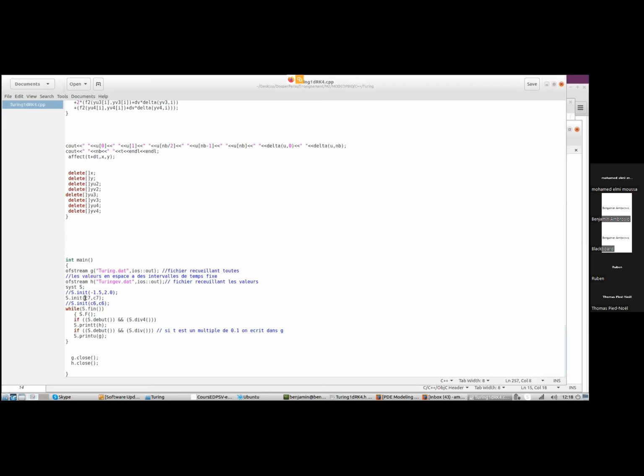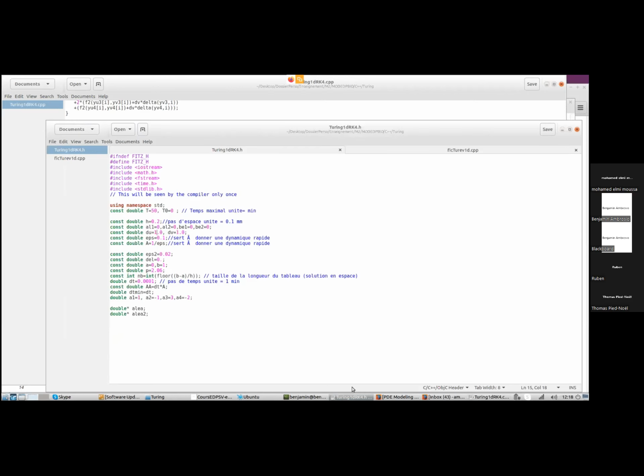So the initial condition are C7, C7. To have a look at what is C7, we need to go there.